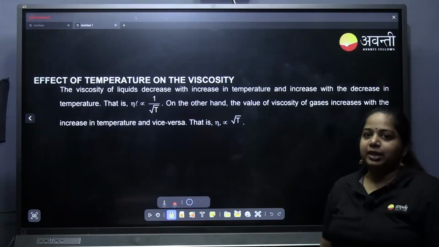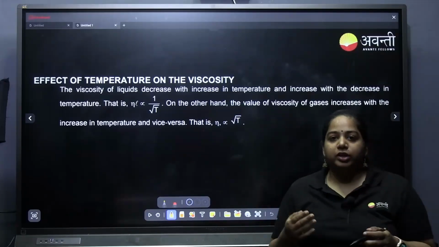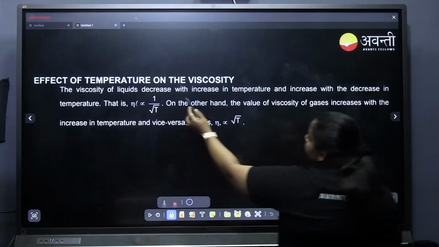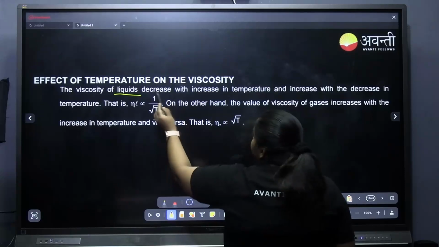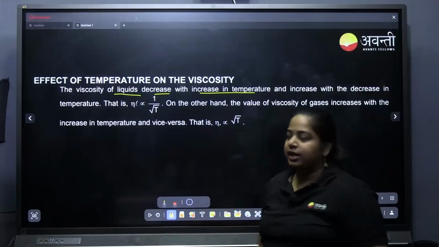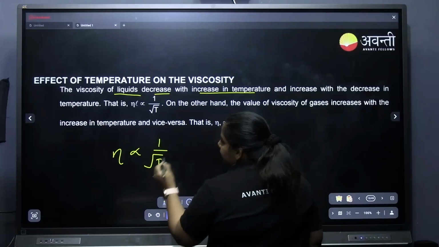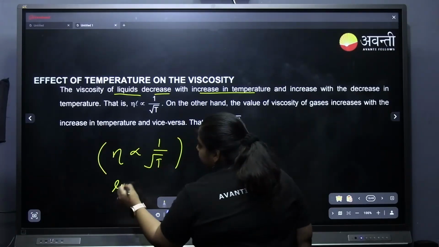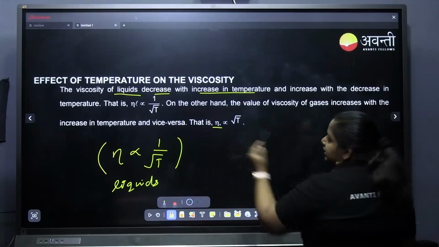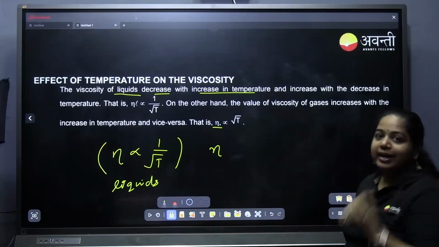Before going to Stokes theorem, we need to know the temperature effect on viscosity, like if temperature increases or decreases, how viscosity will change. As you can see here, for liquids it will decrease with the increase in temperature. Temperature increases, viscosity decreases. So eta is proportional to 1 by root T for liquids, and for gases it is directly proportional.